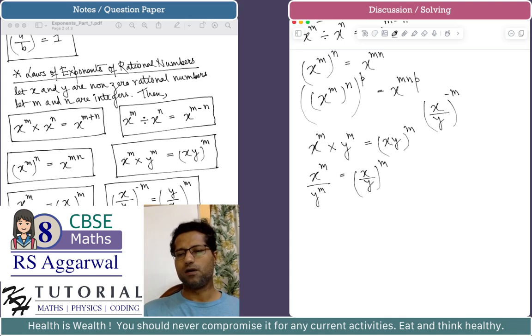So if you have x by y whole raised to the power minus m, this will be equal to y by x whole raised to the power m.